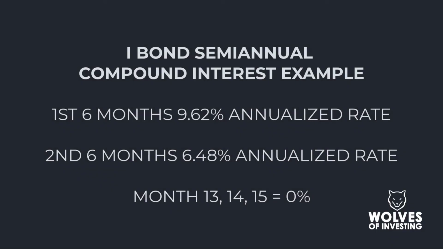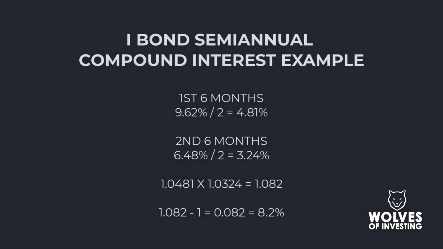Finally, let's talk about how I-bond interest is compounded semi-annually with an example. Let's say you bought an I-bond paying the 9.62% annualized rate, and then the annualized rate changed to 6.48% after 6 months. And let's say you held this I-bond for 15 months, which means that you would lose months 13, 14, and 15 if you cashed it out. Your I-bond interest would be 9.62% divided by 2 for the first 6 months, which is 4.81%.